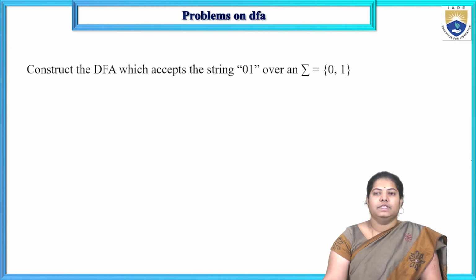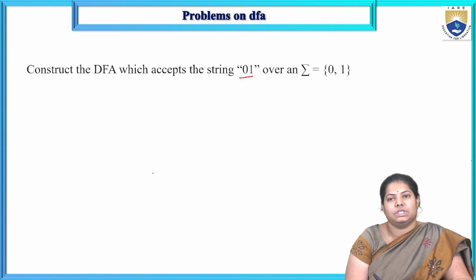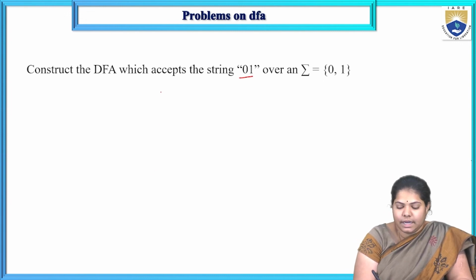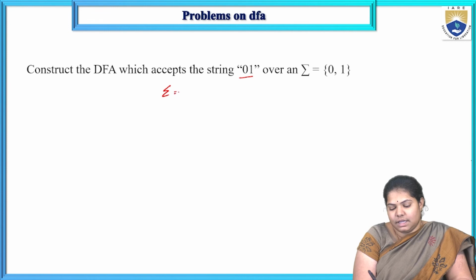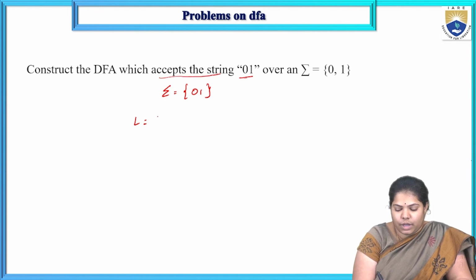Now, this is another question which accepts a string of length 2. Again, first check the input symbols 0 and 1, then write down the language. The language accepts only the single string 0 1.